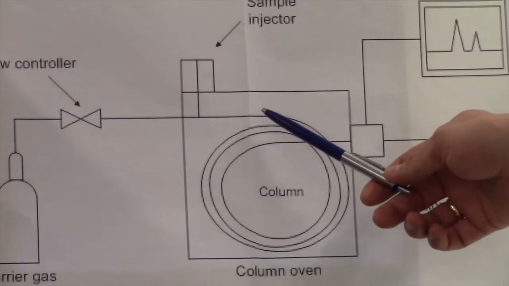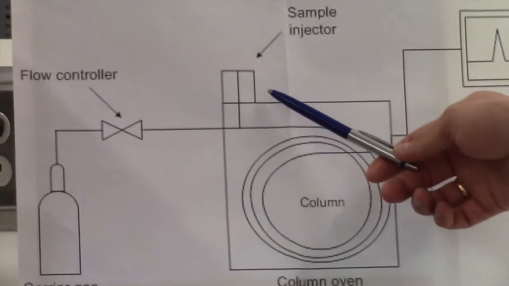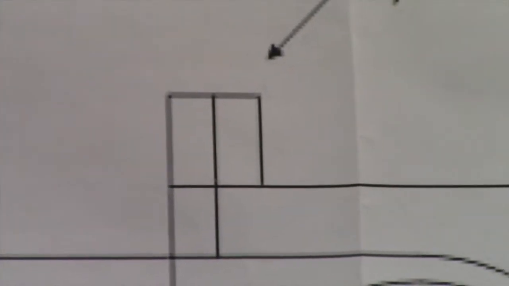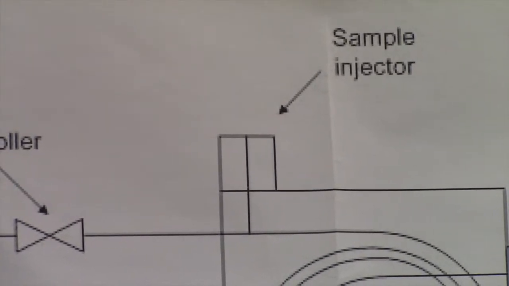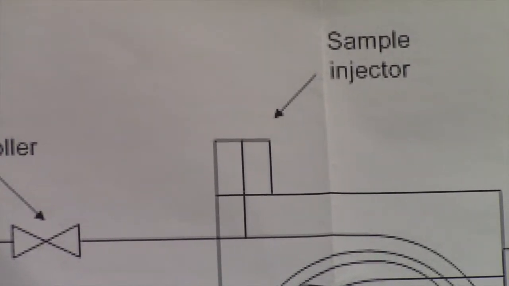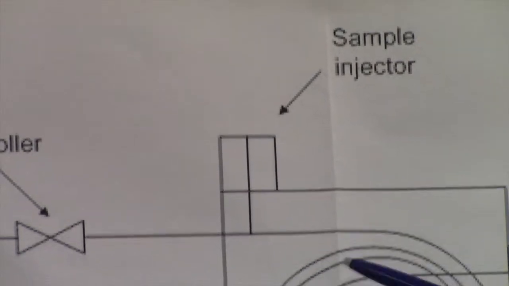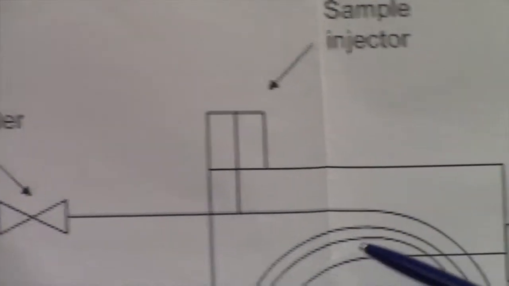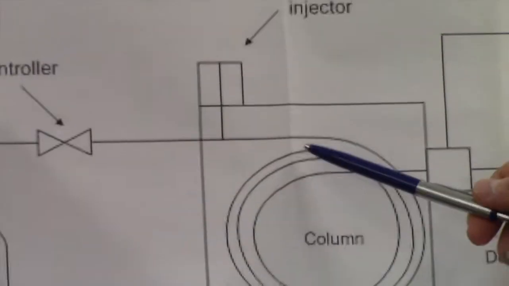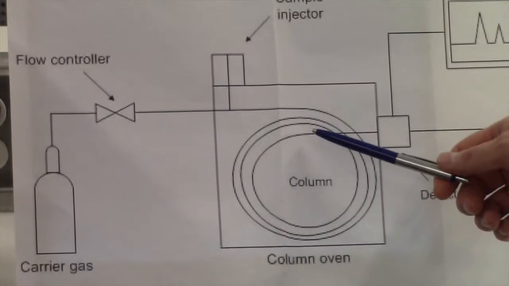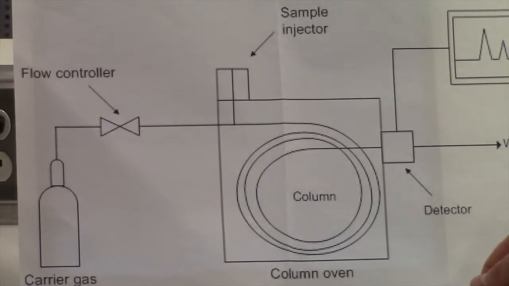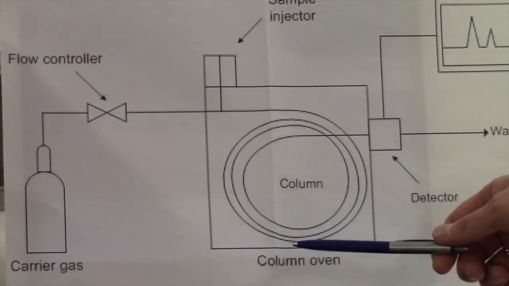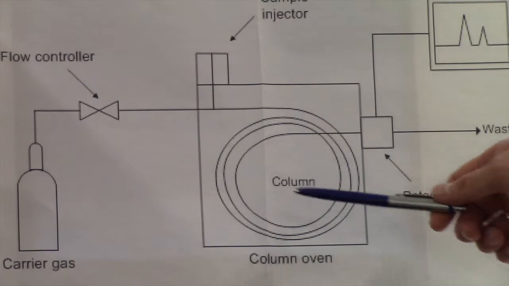Before the column, we have an injection port for the sample. Usually the amount of injected solution varies between half and 3 microliters. Then goes the column, probably the most important part of the whole system. Well, not the most, but it plays a pretty significant role.